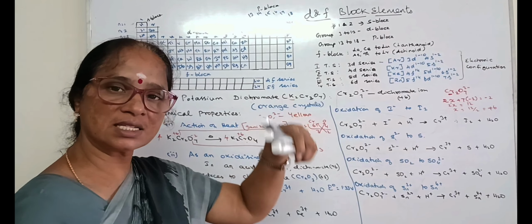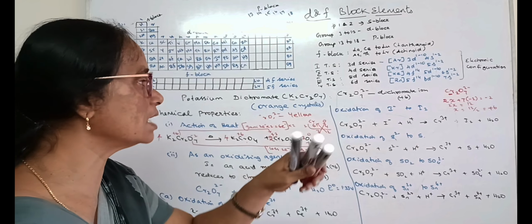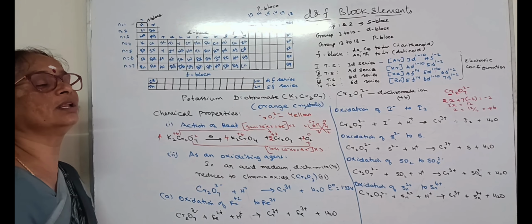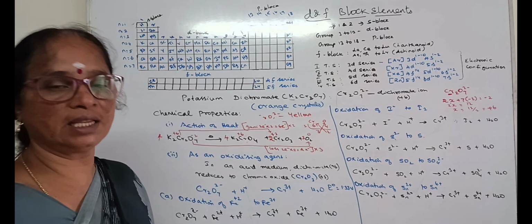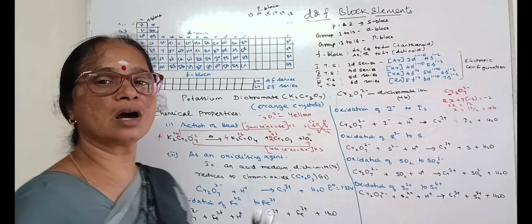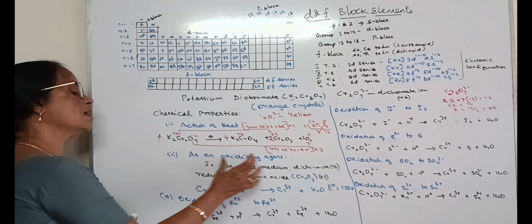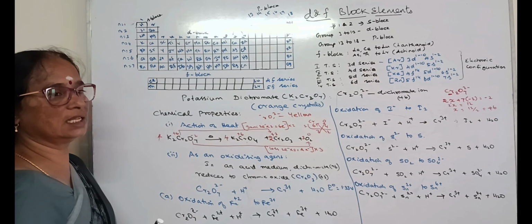That's why it has to decrease. That means it has to achieve its stable state. Because of that, dichromate behaves as an oxidizing agent where it reduces to its stable oxidation state of +3.